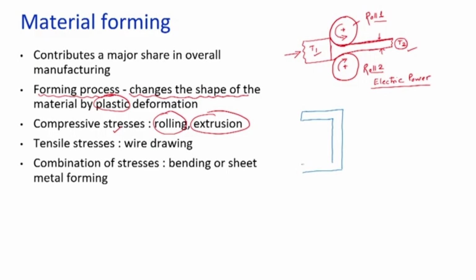So let us consider a die which is designed and developed. Now here we put in the billet material. The billet is the raw material. This is the billet material. This is the die, and this die has an opening. So this is the die opening.